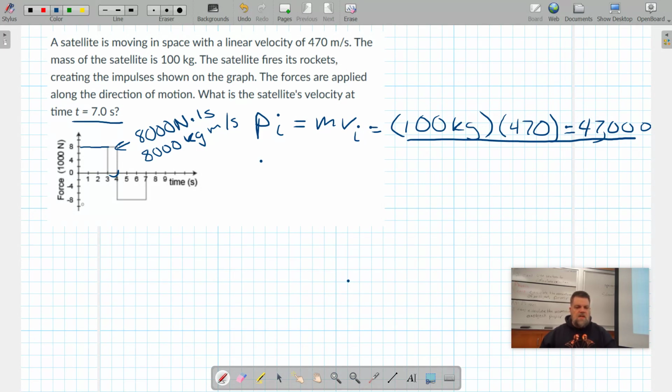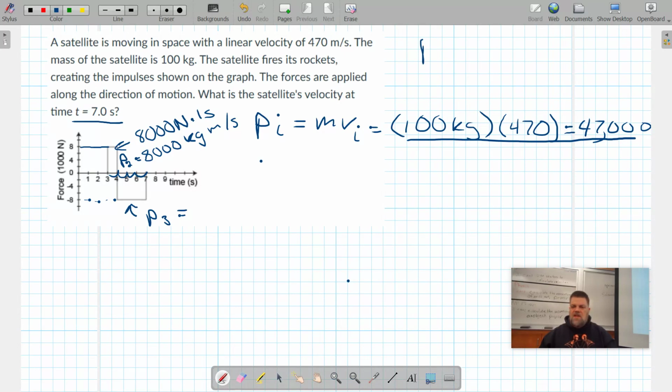Now over here, we apply the force. Remember that a negative force means it's going to oppose it. But that goes for 1, 2, 3 seconds. So this momentum here, we'll call this momentum 2, I guess. And then we'll call this momentum 3 is the force.